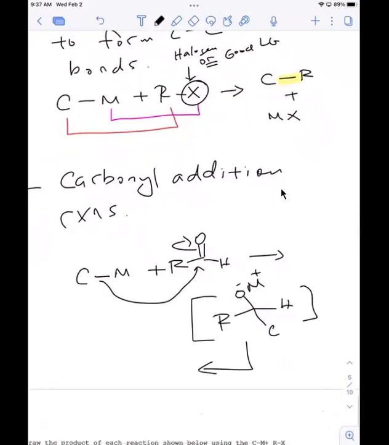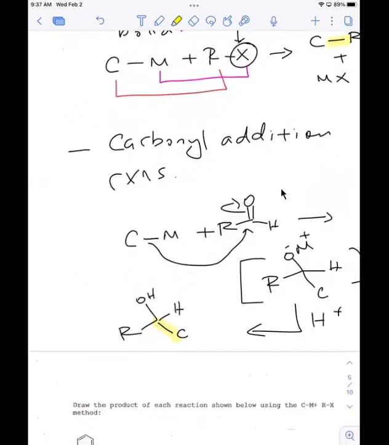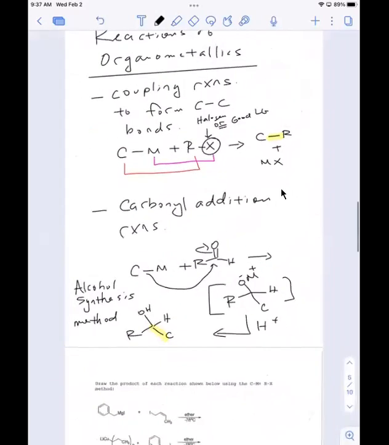And then the final step here will just be to quench it. So this C attacked the carbonyl. With these carbonyl addition reactions, this is a way to make alcohols from organometallics and carbonyls. So this is a method for alcohol synthesis.